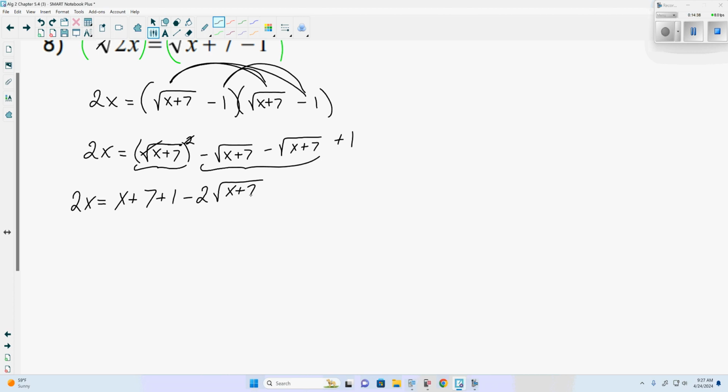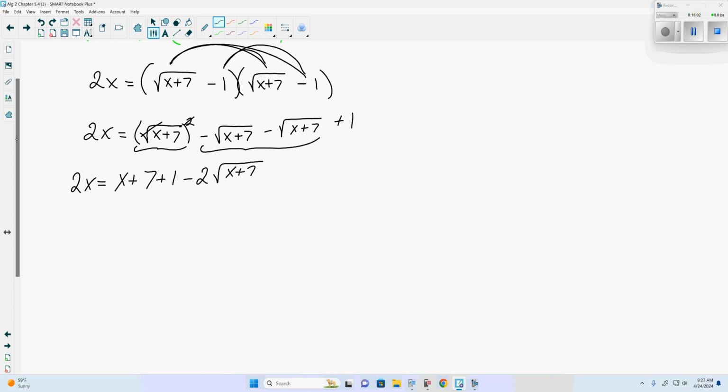Because we're used to seeing like terms with ax squared, bx squared, just variables. Radicals work the same way. Because we can almost think of it as negative x minus x is negative 2x. They're the exact same statement. Since I have negative square root of x plus 7 minus the square root of x plus 7, we'll have negative 2 square roots of x plus 7. Got two of them.